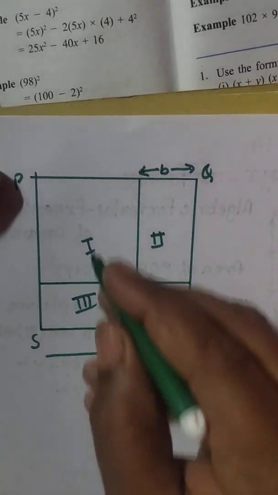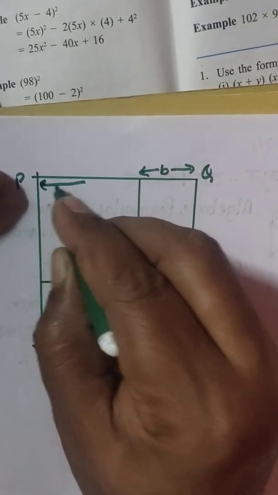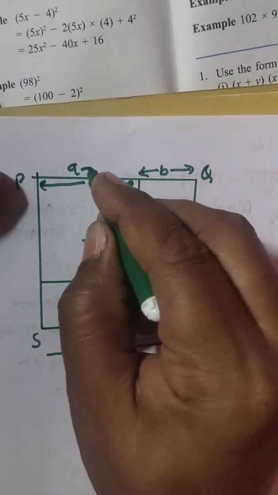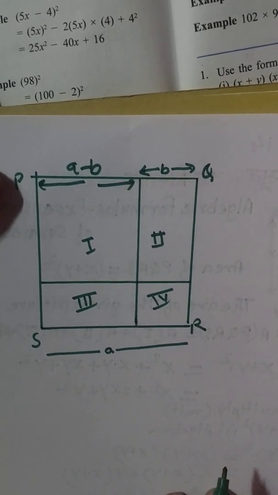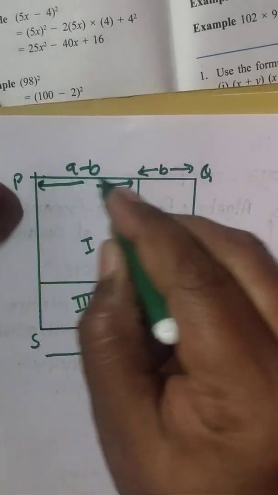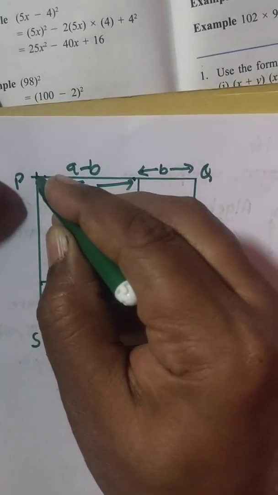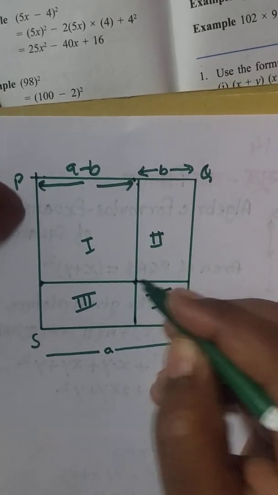Then what is the length from here to here? This length from here to here is A minus B. Okay, this is A minus B. Therefore A minus B also here, A minus B also here, and A minus B also here.